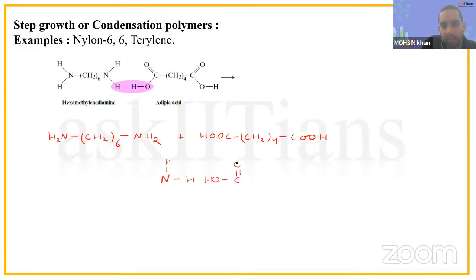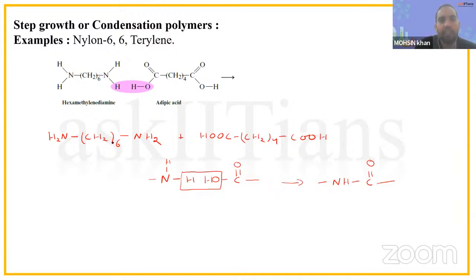These two groups combine and produce NHCO. So we get an amide. That's why this type of polymer is also known as polyamide, in which the polymer structure consists of the amide chain.